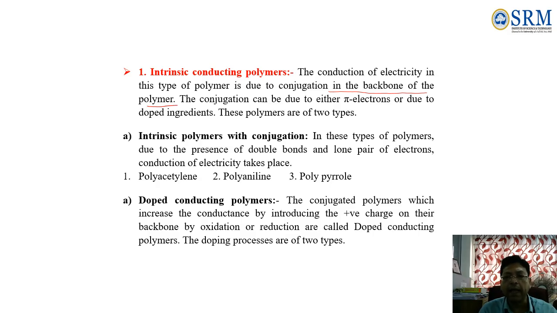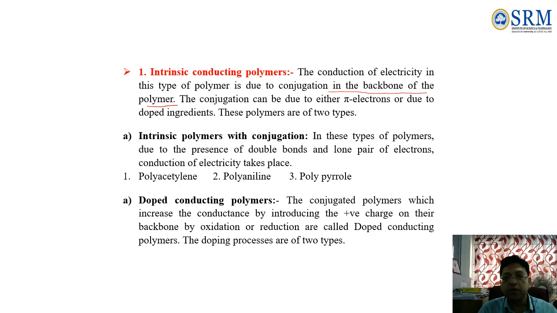As we know, there is alternate single bond and double bond, and the available p orbitals, which are orthogonally directed, contain one electron each. Due to the delocalization of pi electrons, the conductivity takes place. So the conjugation is mainly due to the pi electrons or the doped ingredients.